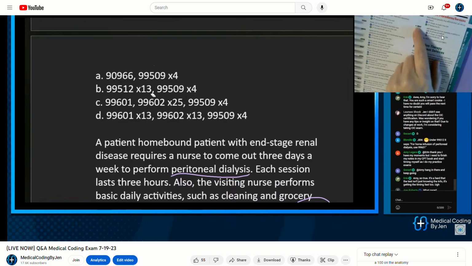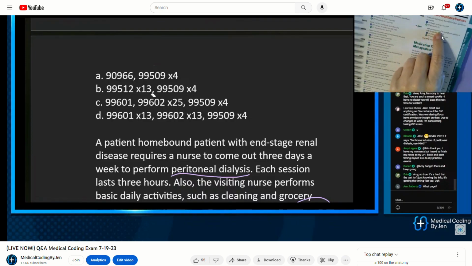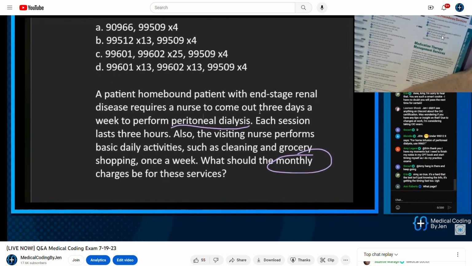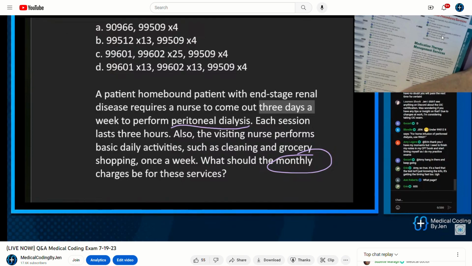And then our add-on code is for each additional hour. Our question says that the patient was seen 3 days out of a week, and we're going to bill for a month. And the nurse did daily activities each week. And how long did she say she spent? That lasted 3 hours.